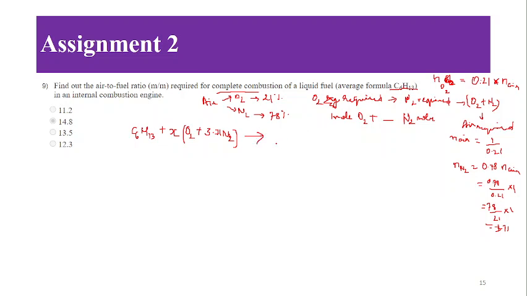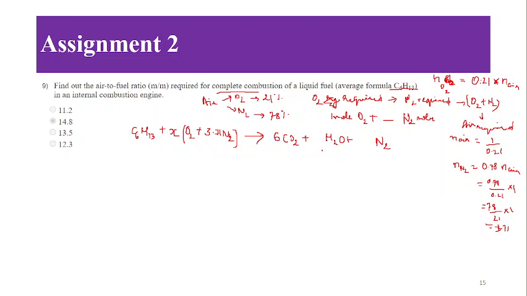Now we know in the product, when combustion of a hydrocarbon occurs, some moles of carbon dioxide and some moles of water vapor will be generated. As N2 is not being oxidized here, it is considered inert, so some moles of N2 will be generated. How many moles of carbon dioxide are there? Firstly, we need to balance the carbon atoms. On the reactant side, it is 6 carbons, so here we write 6.